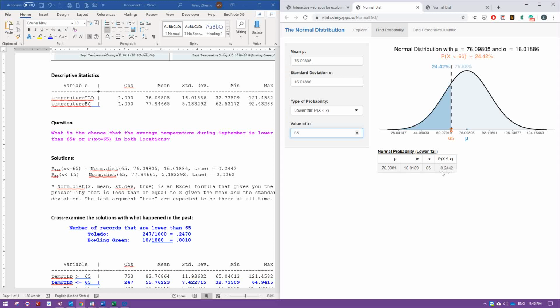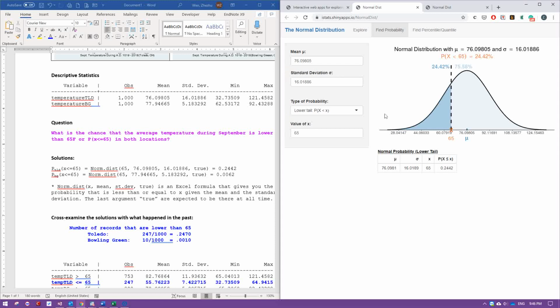Okay, so this tool also gives you the same result. Much better, it kind of gives you a graphical representation of the area which we're interested in. Okay, so area under the curve, which is the left to the 65. So this is the probability we are trying to obtain.